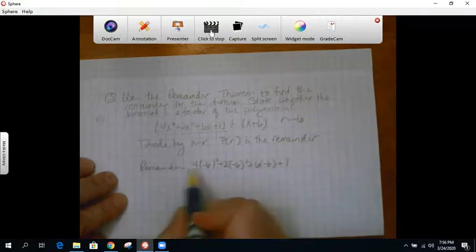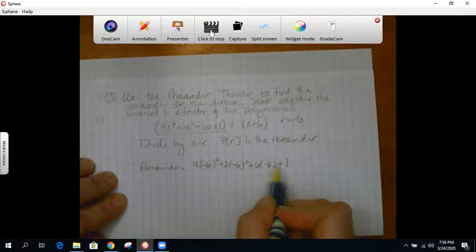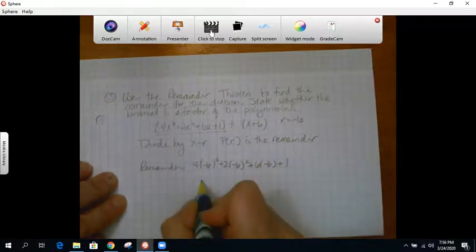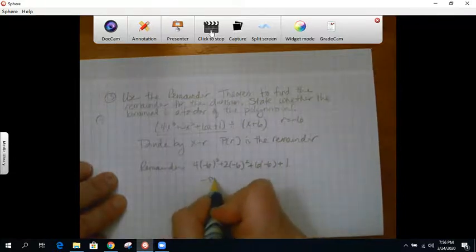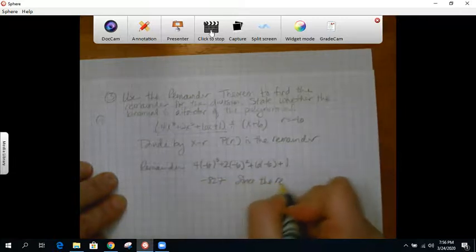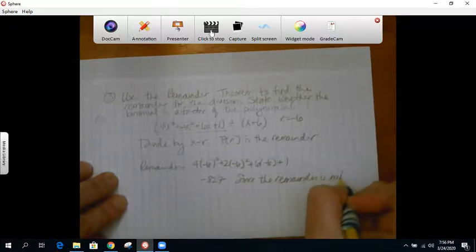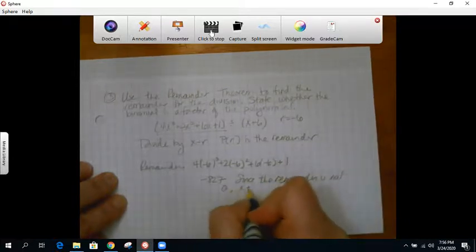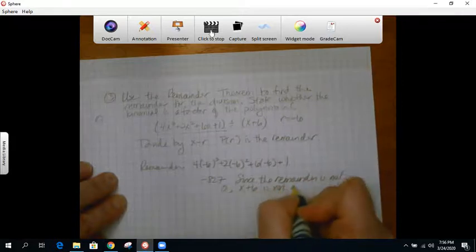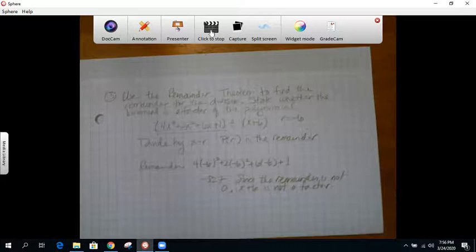So if I do 4 times negative 6 cubed plus 2 times negative 6 squared plus 6 times negative 6 plus 1, that's going to be our remainder. So when we do that, we get negative 827, right? Since the remainder is not 0, x plus 6 is not a factor. All right, I got two more for you.